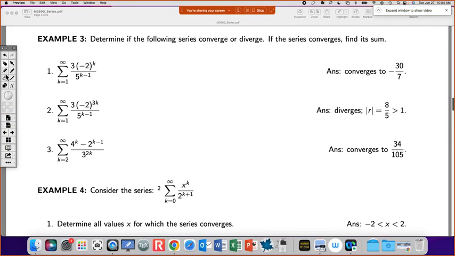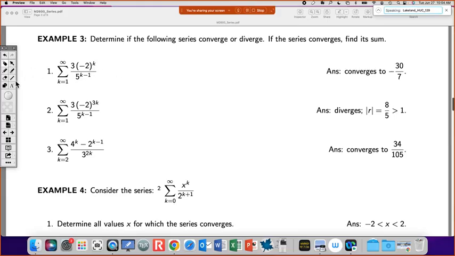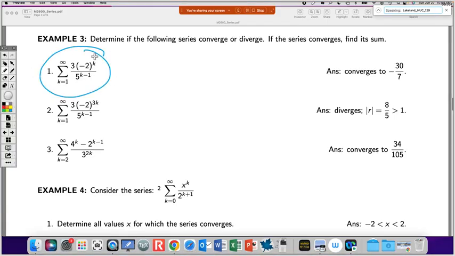So looking here, if you're looking at where the K is, the K always seems to be up in that exponent. You follow? So what we can do is we can analyze this series. We can see if it's geometric.